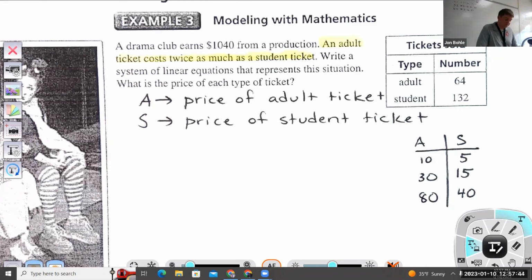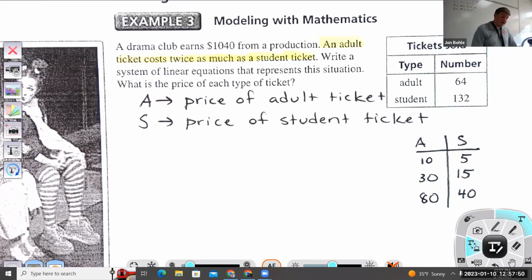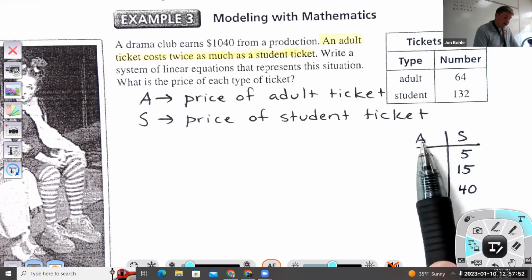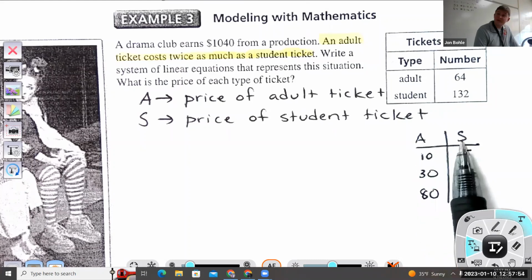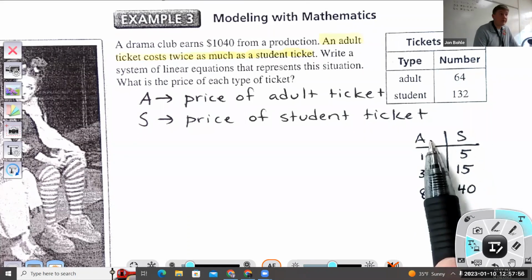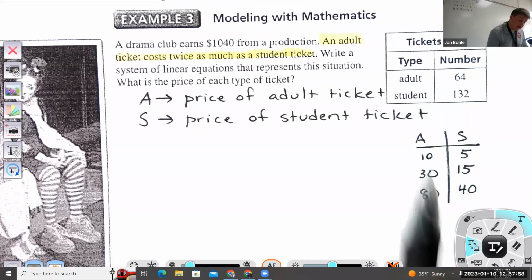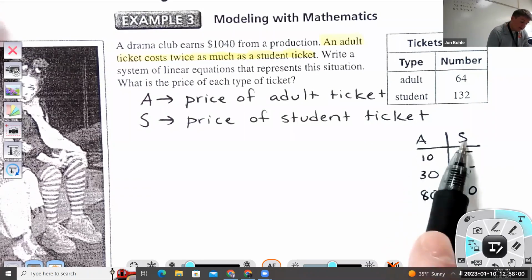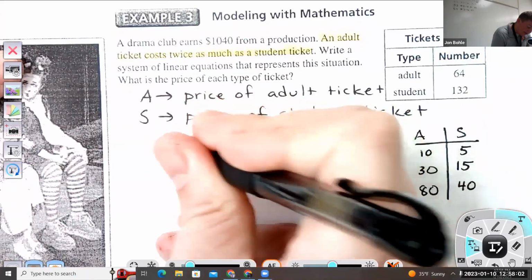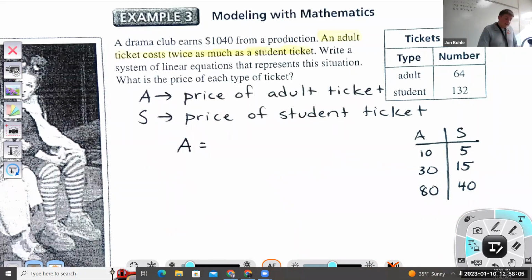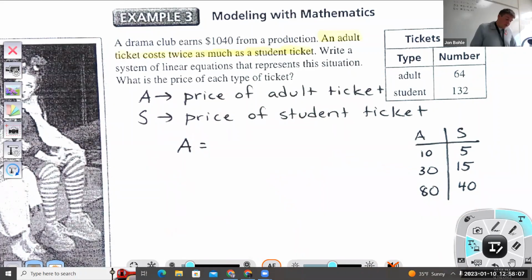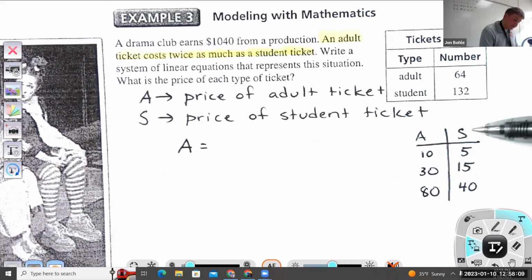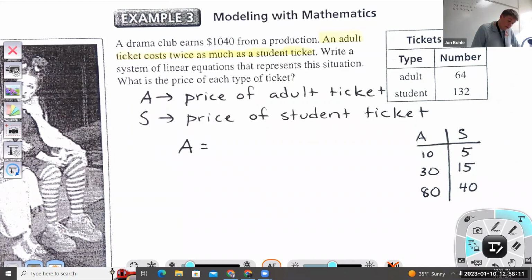Now let's write the equation. There are two different ways that you could do this, okay? You can say, how do I say my adult ticket price compared to a student, or my student compared to adult? It doesn't matter. I'm going to say adult compared to student. I know that an adult ticket is equal to, what do I have to do to the student ticket number to get my adult ticket number?